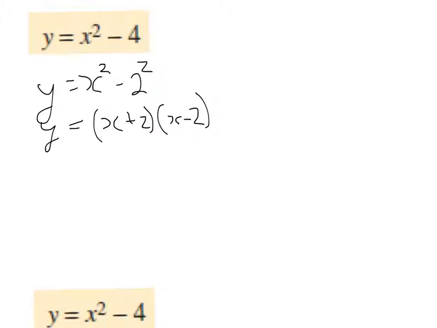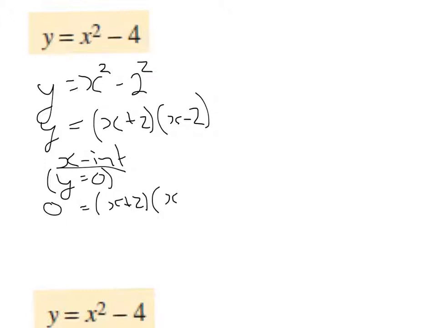So if we let y equals 0, we'd be finding the x-intercepts. So 0 equals x plus 2, bracket, x minus 2. If we make this part 0, this part is 0, which makes the equation true. So I'm going to write 0 equals x minus 2. In that case, it's pretty easy to get, x is 2.